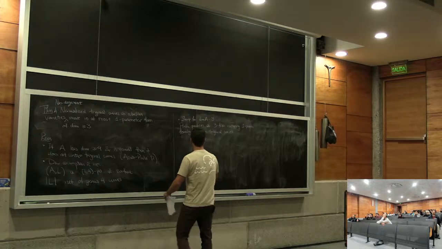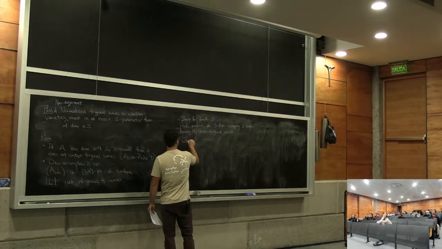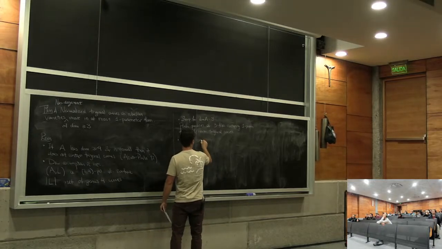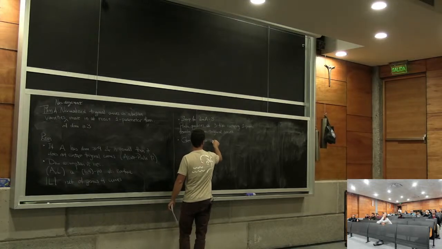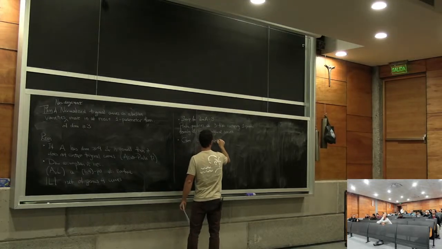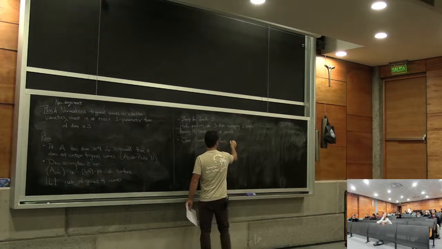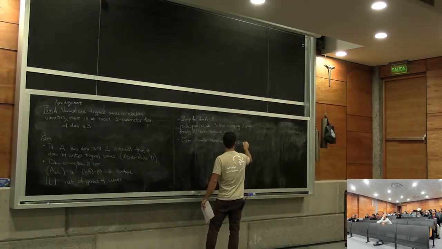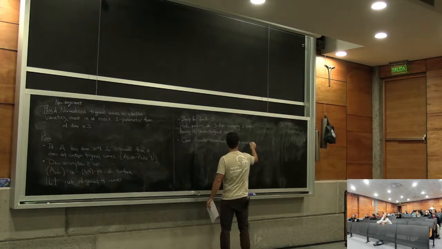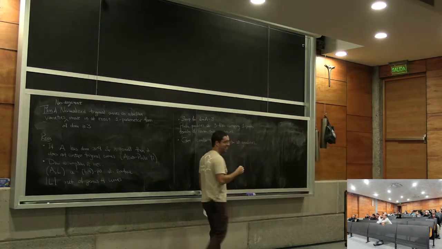And the last statement is that you get similar statements for all gonalities. What do I mean by that?